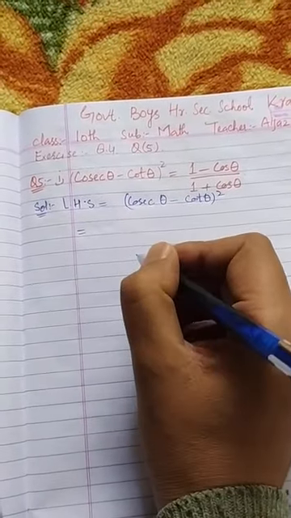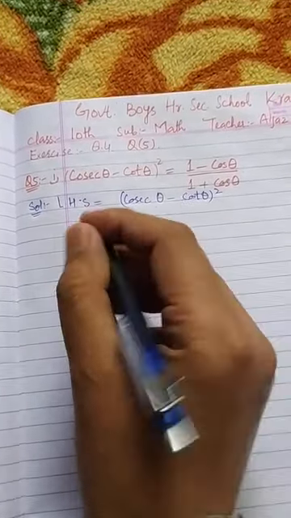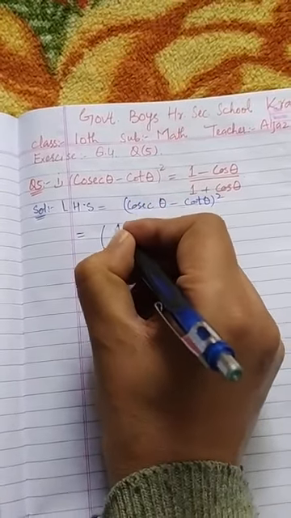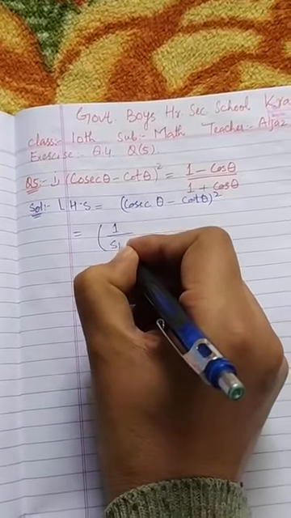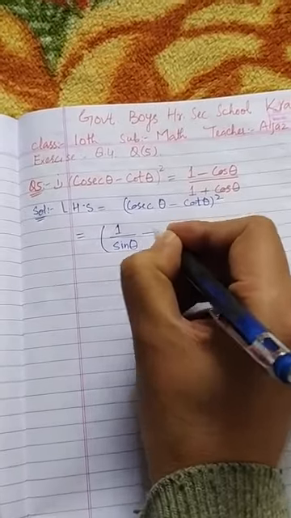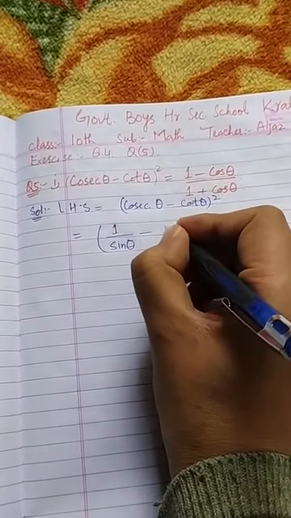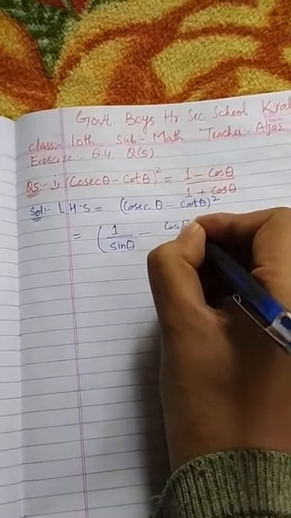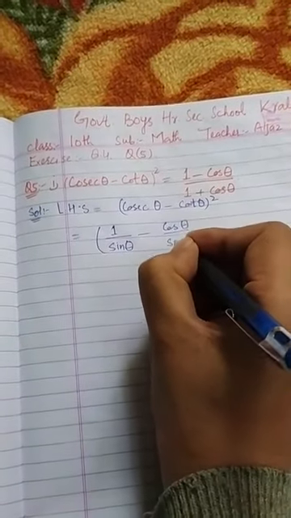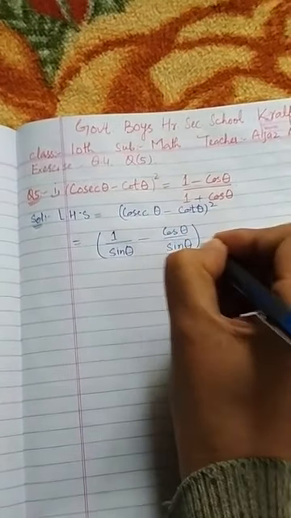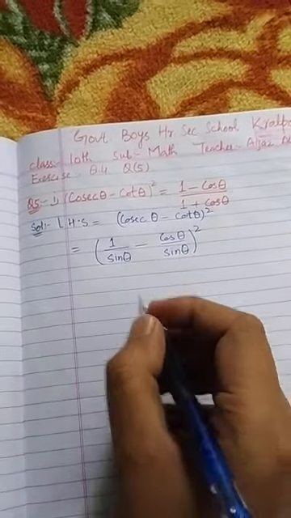As we know, cosec theta is the reciprocal of sin theta, so I will write this in terms of 1 by sin theta minus cot theta, which is equal to cos theta divided by sin theta, and that's whole square.